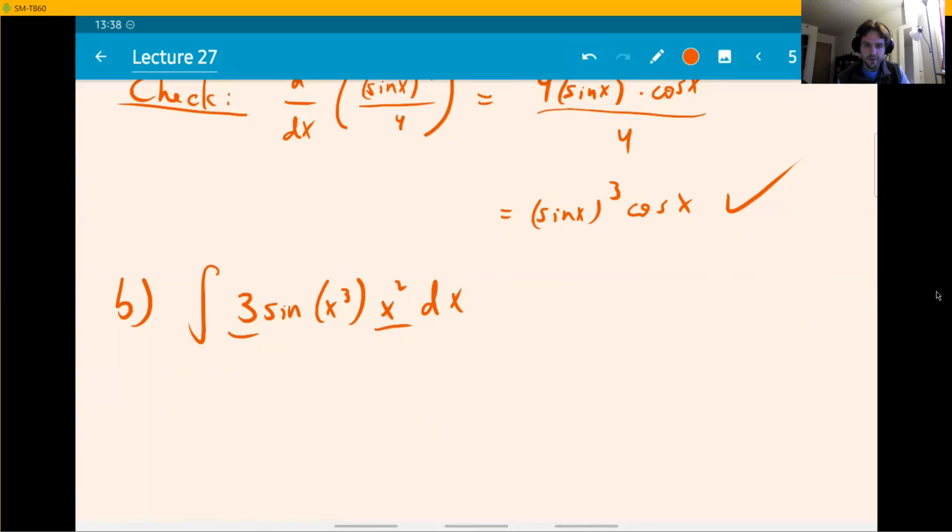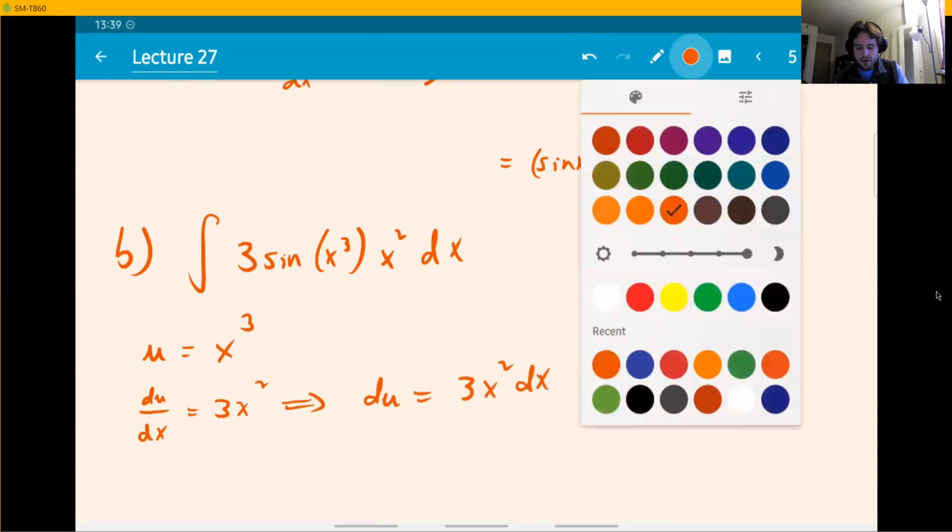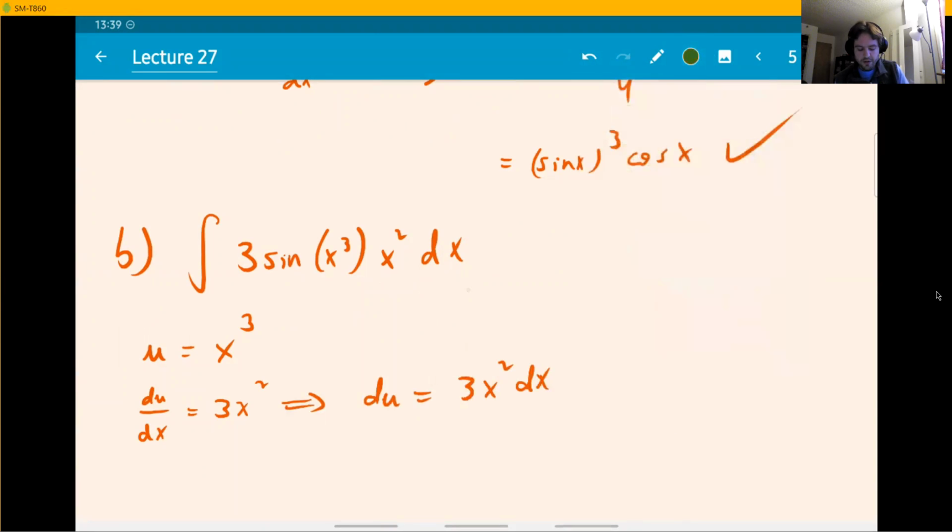That is exactly the derivative of the inner function. So we are going to call u this inner function, x cubed. The derivative of u with respect to x is equal to 3x squared. Now you do the symbolic manipulation. Du is 3x squared dx. So in the original integral, when we see a 3x squared dx, we replace that by du.